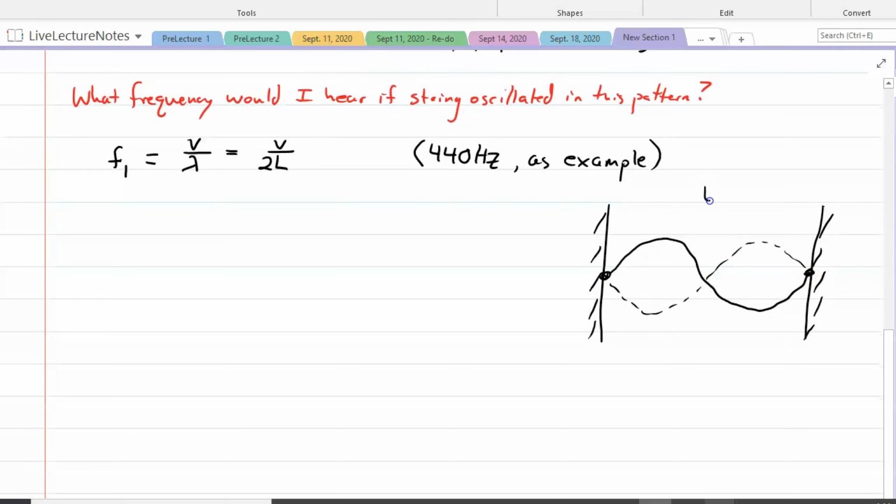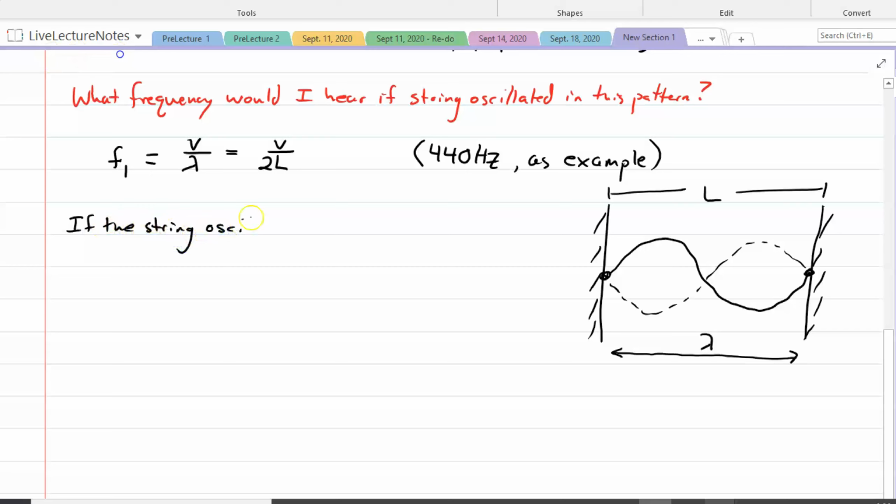This is still length L. And in this case, the wavelength of the string, which is the distance over which it repeats, is equal to L. So if the string oscillated in this pattern, what frequency would I hear? We call this n equals 2.